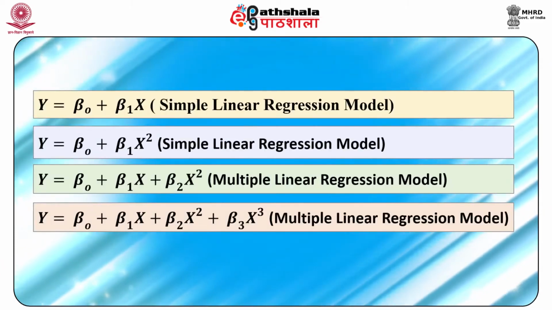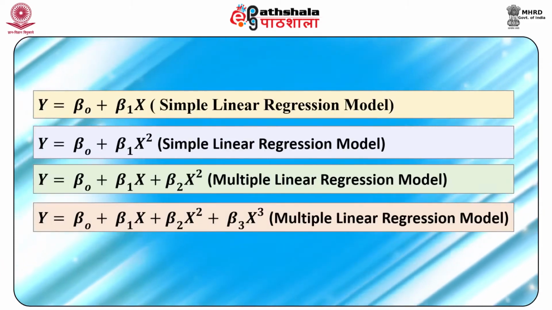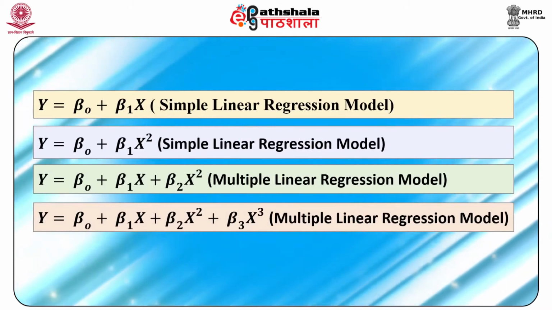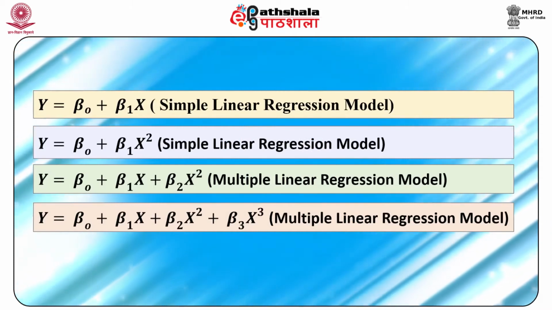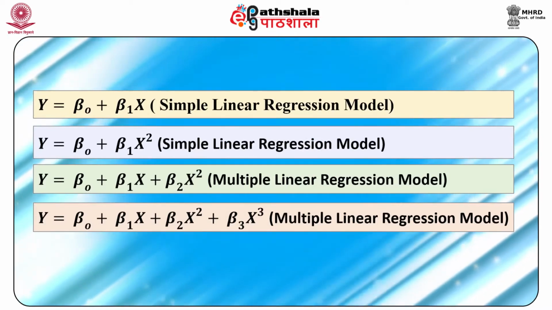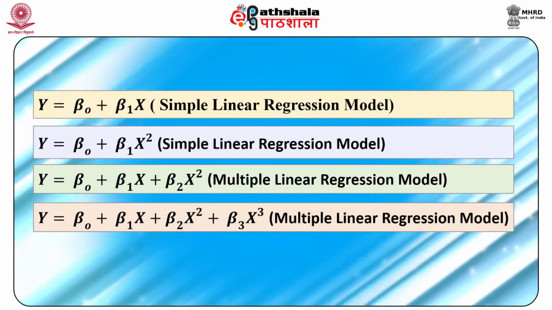We can have different examples of these models. A linear regression model could be expressed as y is equal to beta 0 plus beta 1 x, which is a simple linear regression model, or we could also write y is equal to beta 0 plus beta 1 x square. This is also an example of simple linear regression model.